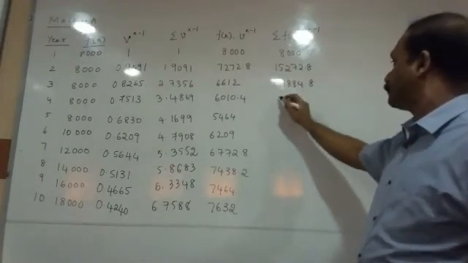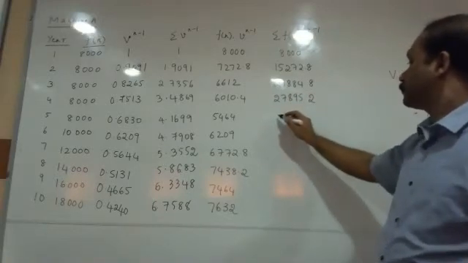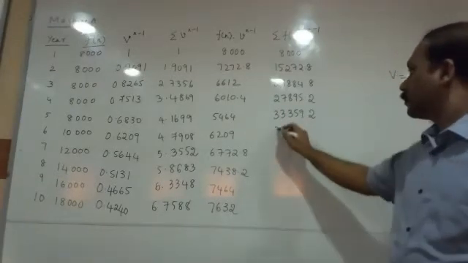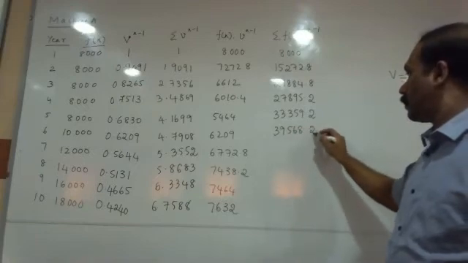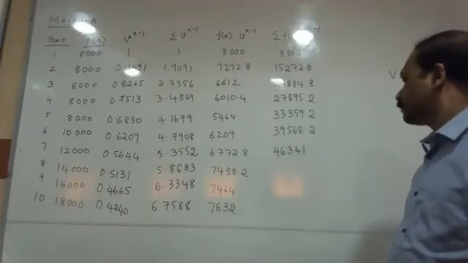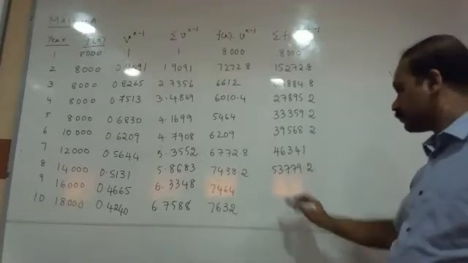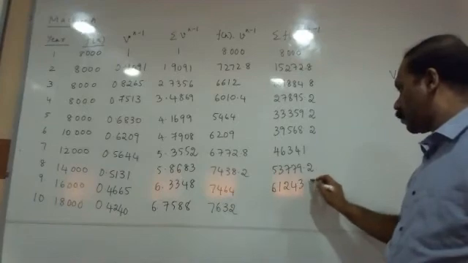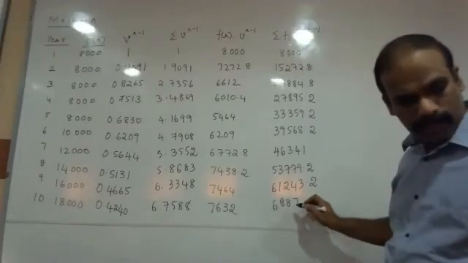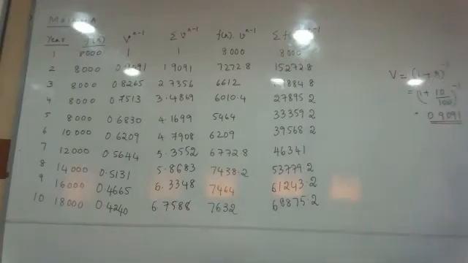Next, 27,895.2. Next, 33,359.2. Next, 39,568.2. Next, 46,341. Next, 53,779.2. Next, 61,243.2. Next, 68,875.2. Great. So we have got the cumulative values now.